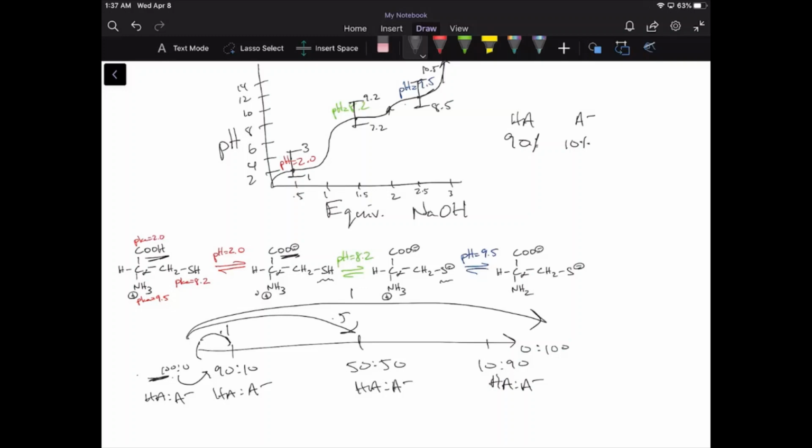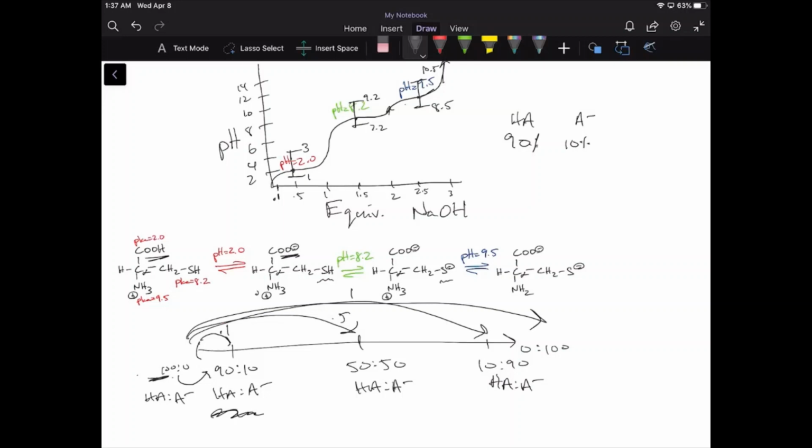Okay, so the idea here is that the edge of my good buffering region starts at 0.1 equivalence. So if I go over here and draw in the edge of my buffering region for my x-axis, it starts at 0.1 equivalence, because that's how I'm going to get my 90 to 10 ratio. Okay, now on the flip side, if I wanted to get to that 10 to 90 ratio, how many equivalents do you think we would need to get to right over here?